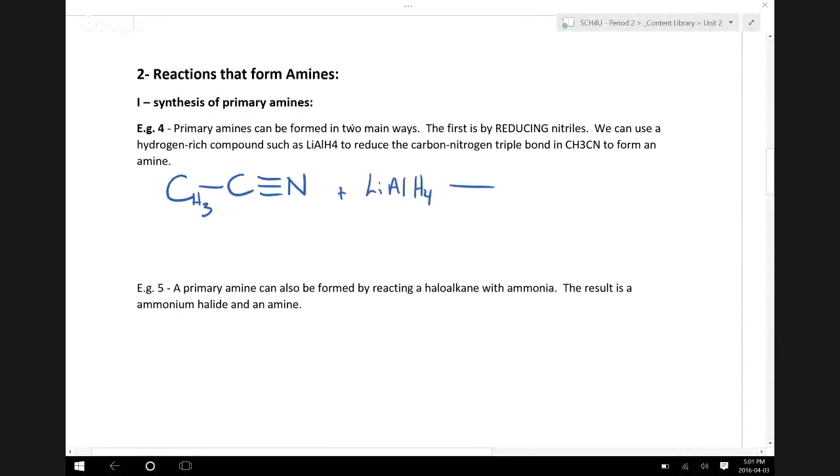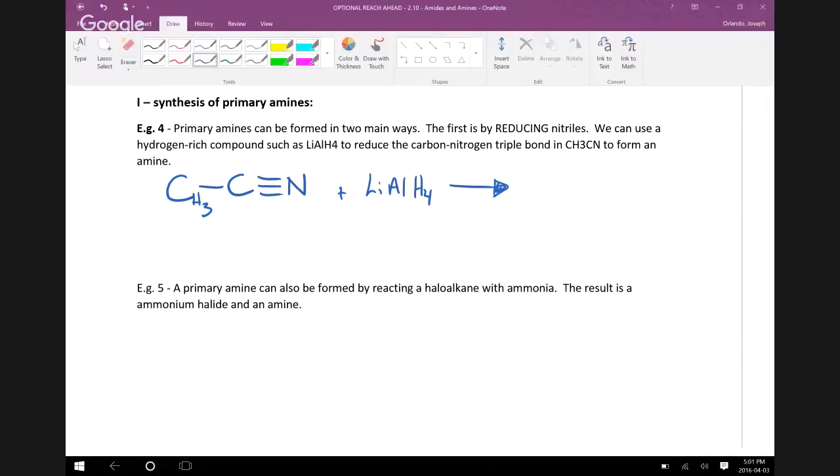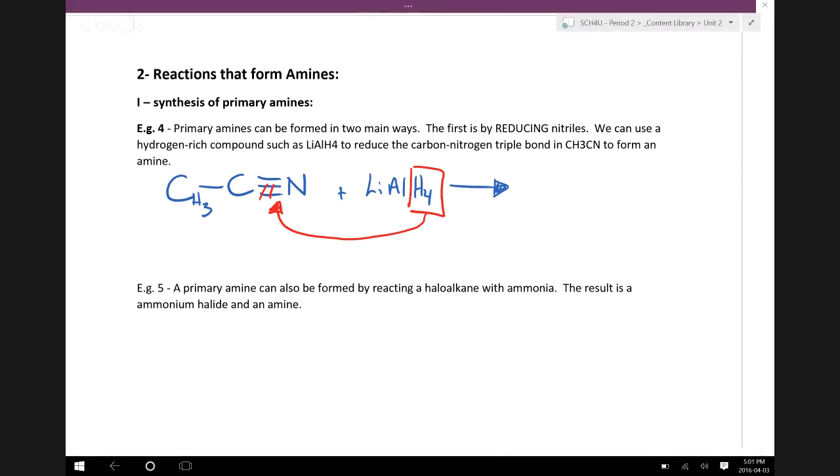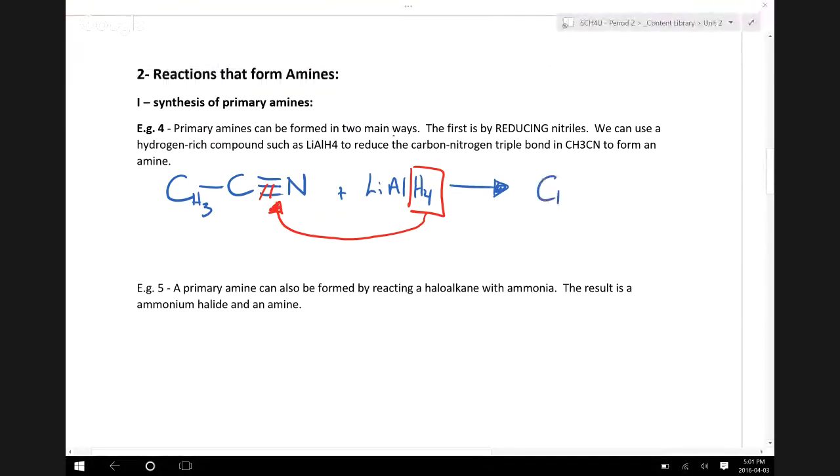And it's those 4 hydrogens that are specifically of note here, because these 4 hydrogens can react, they can break the 2 pi bonds, and what we can be left with is there, and then C, and then N, and now the 4 hydrogens will end up in this location like that.